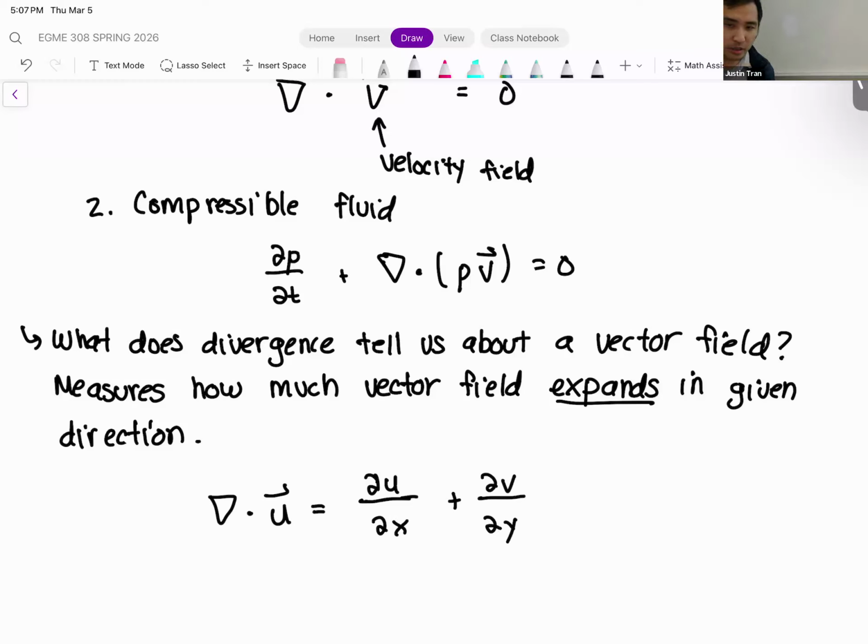In two dimensions, the divergence of the velocity field is the partial derivative of the x component of velocity, u, plus the partial derivative of the y component of velocity, v, added together.